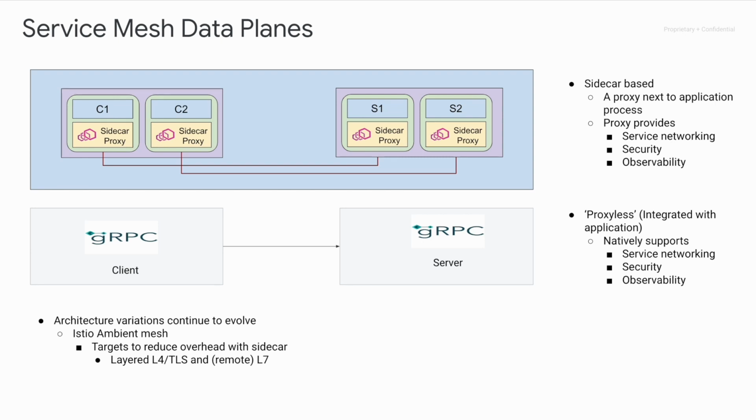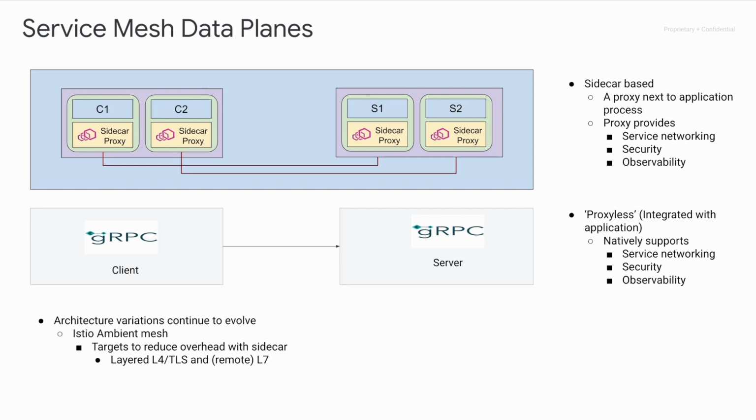So that's a clear distinguishing factor for gRPC in a service mesh deployment, because you do not need to run another data plane component right next to it to enable these capabilities. There are also some interesting evolutions of architecture happening in the open source, primarily in the Istio open source community.